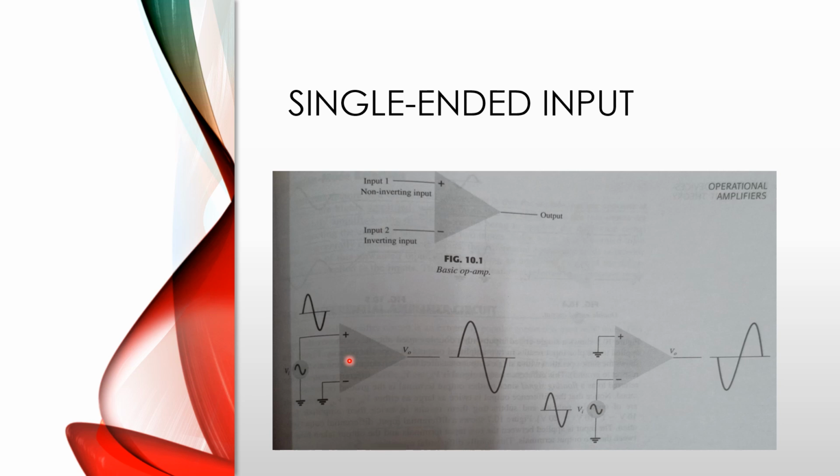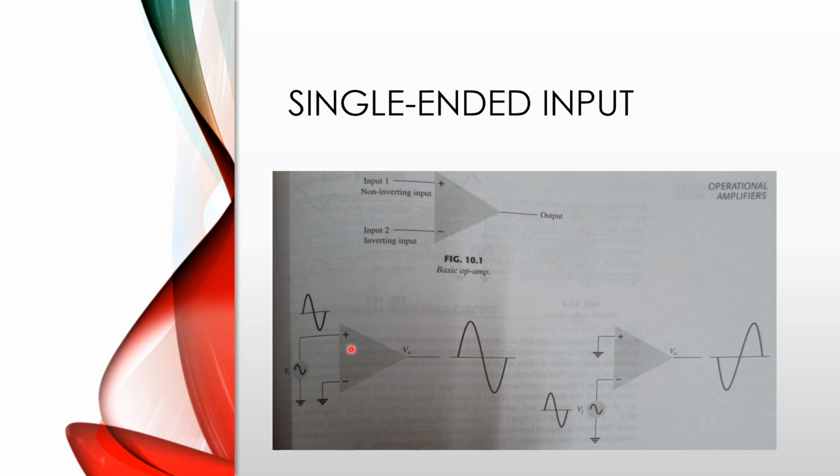Single-ended input operation results when the input signal is connected to one input and the other input is connected to the ground terminal. That means in the first circuit, the input voltage is applied to the non-inverting terminal, and the inverting terminal is connected to the ground terminal. So this AC signal is applied to the non-inverting terminal.